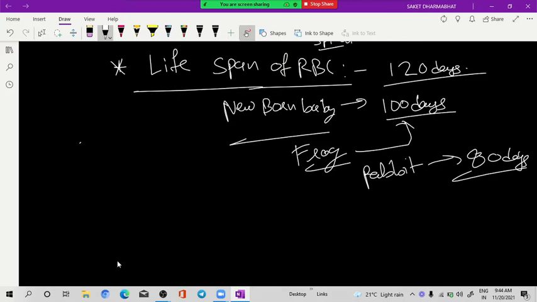Okay, one hemoglobin molecule can carry how many oxygen molecules? 4. One hemoglobin molecule at normal condition can carry how many CO2 molecules? 1. Yes, that is 25%. Correct. Okay, so we are done up to here.